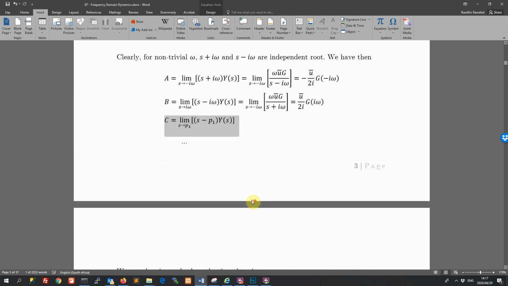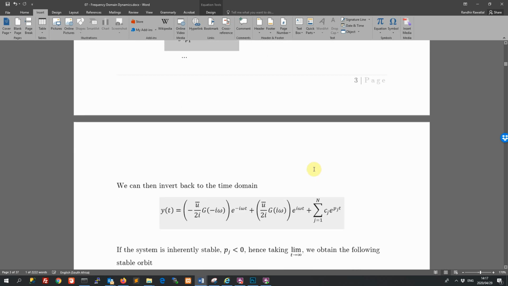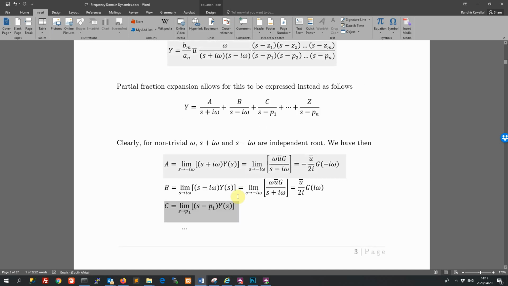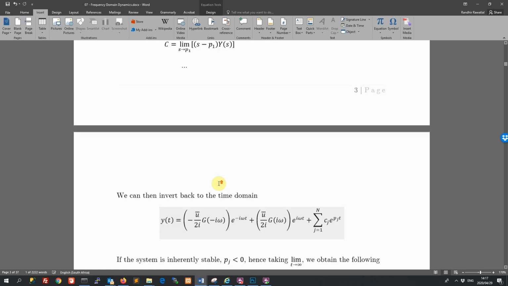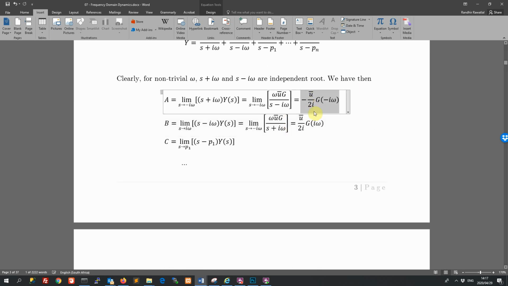And so we can identify here that our eventual response is going to look like this, right? We apply those constants in here, and we can invert each of these terms to give us the time domain solution. So inverting here, this is y of t. Inverting here, where A is this constant, this is going to be e to the minus I omega t, and then this thing is from this constant right here.